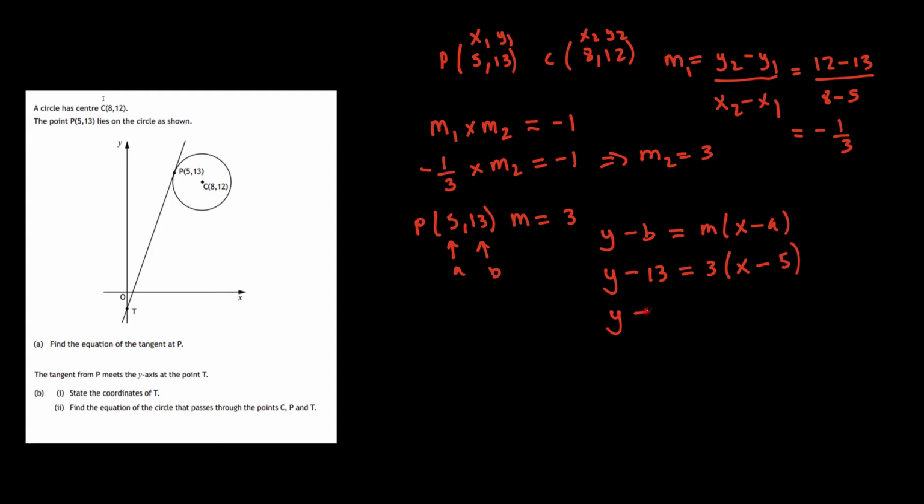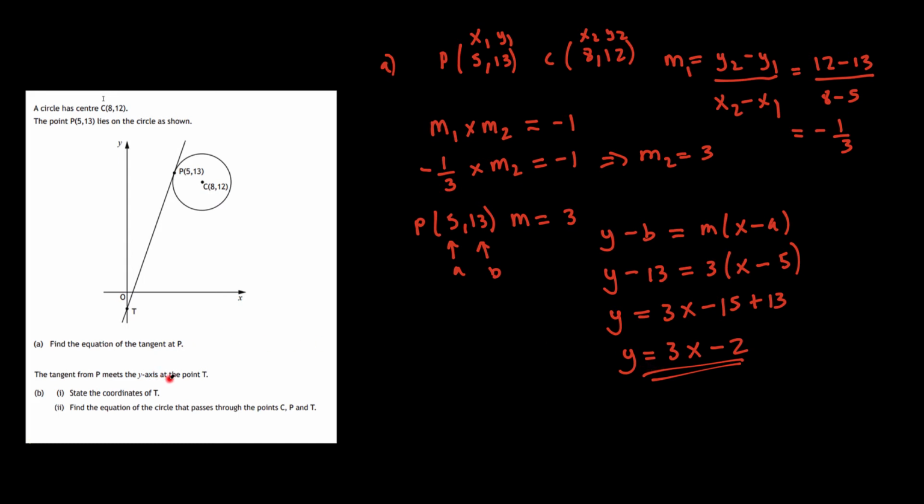If I multiply everything out, I get 3x, and 3 times 5 is negative 15. Then I take my 13 to the other side, and it becomes a plus 13. So my final answer is y equals 3x minus 2. That is part A done, and that is the equation of my tangent.